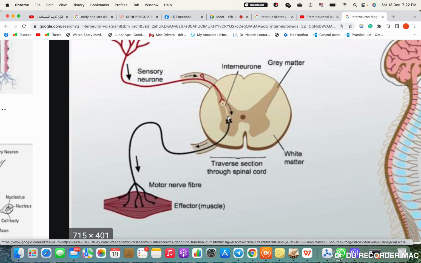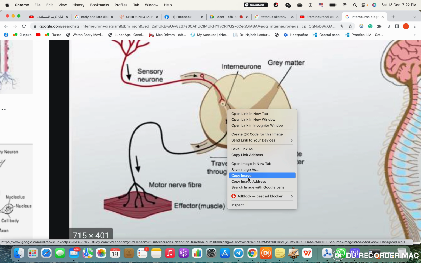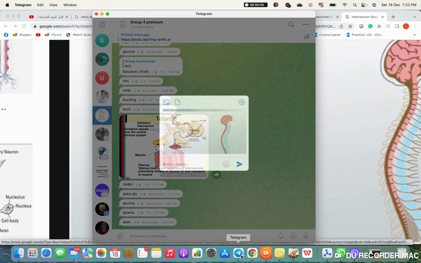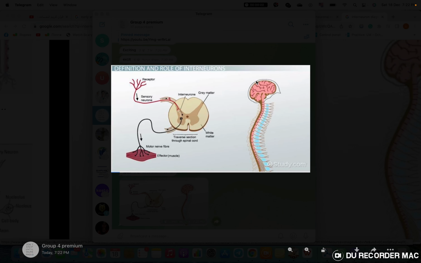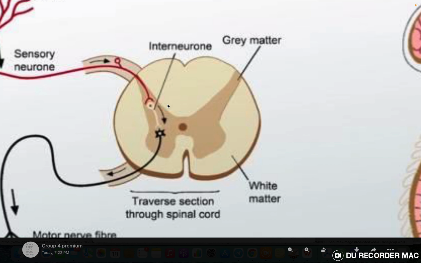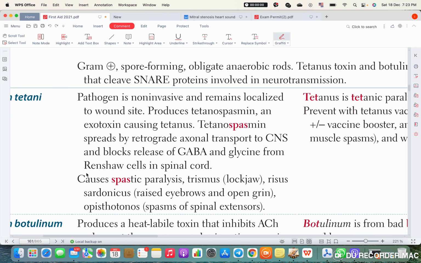See, these are the Renshaw cells. They are located in the spinal cord. Finally, I found it. Here you go. So, if you get a picture, where is the tetanus doing its problem? It's here, okay? Good. So, let's keep going. These are the Renshaw cells in the spinal cord, the same as saying the interneurons.